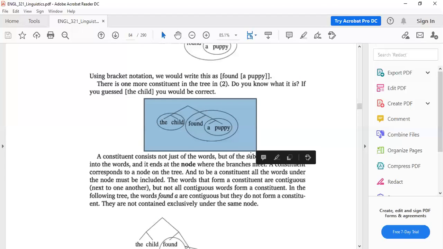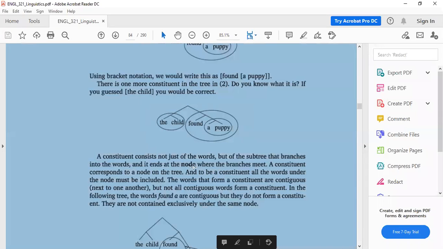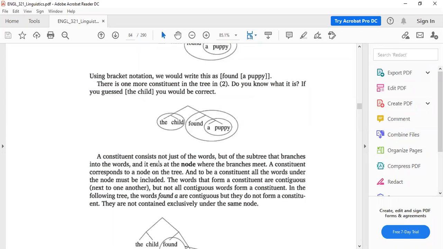Okay? Good. Now, the, child, found, a, and puppy, we call these nodes. What is a node? A node is the end of the branch.